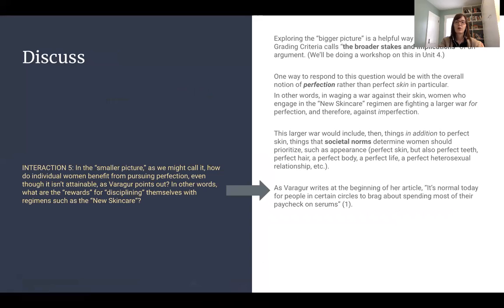Okay, so one way to answer this, and this is always a good strategy, right, is go back to the text and look for a quotation or two that seems to resonate with that question. So here, as Vargar writes at the beginning of her article, it's normal today for people in certain circles to brag about spending most of their paycheck on serums.